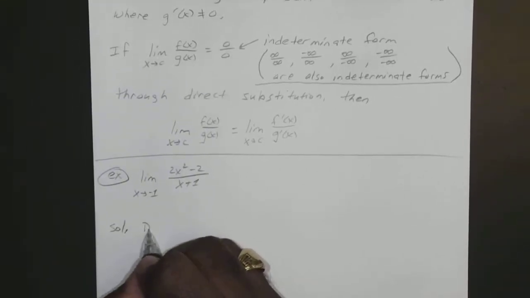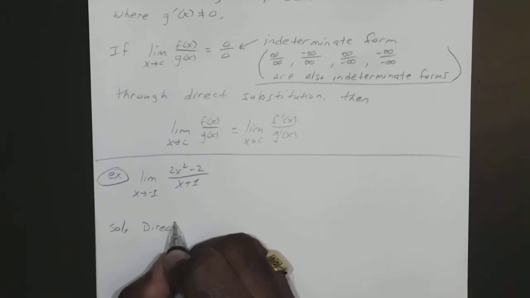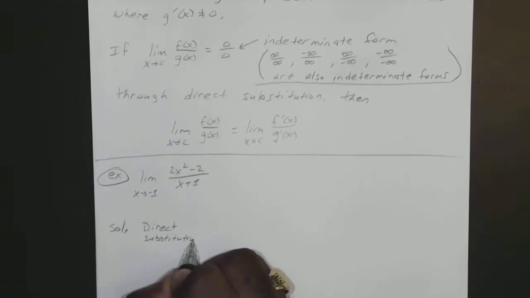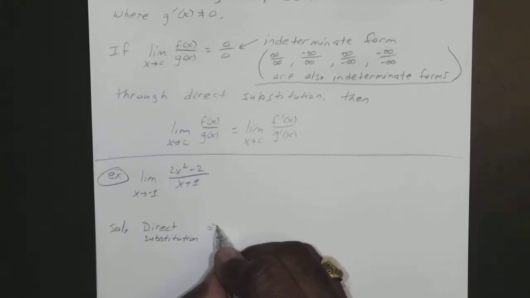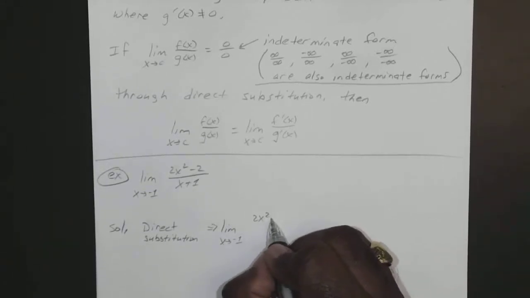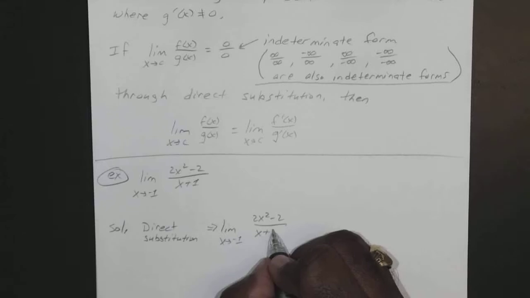Okay, so if we use direct substitution, then that would give us the limit as x approaches negative 1 of 2x squared minus 2 over x plus 1.